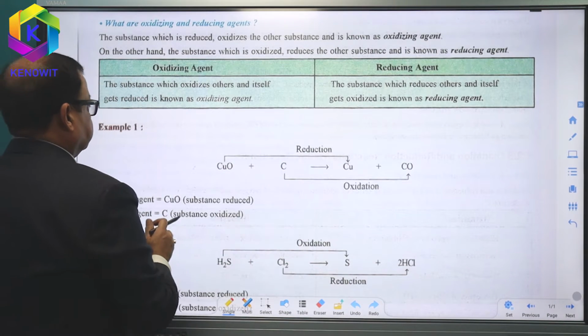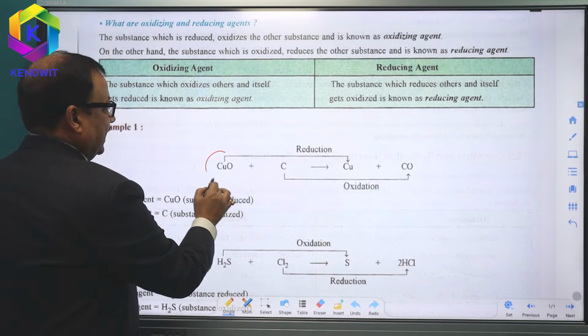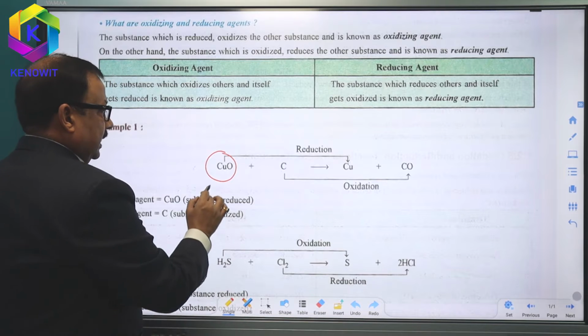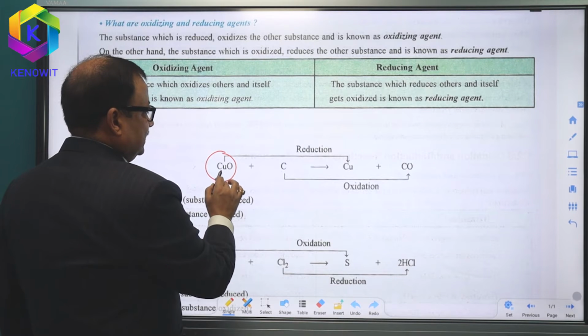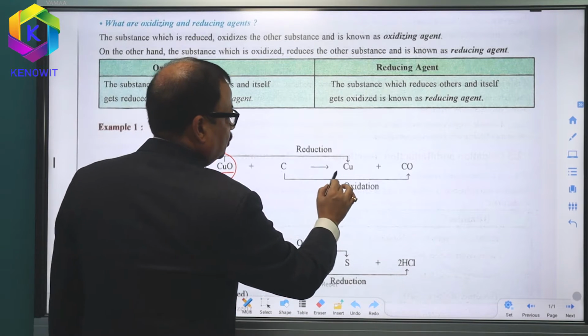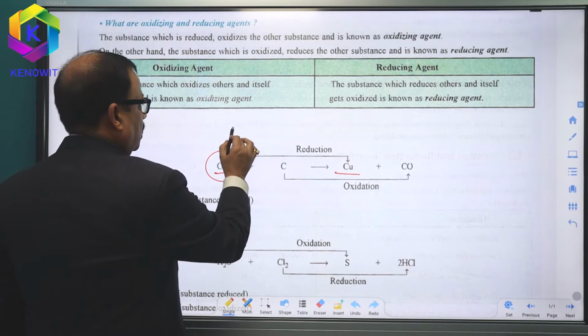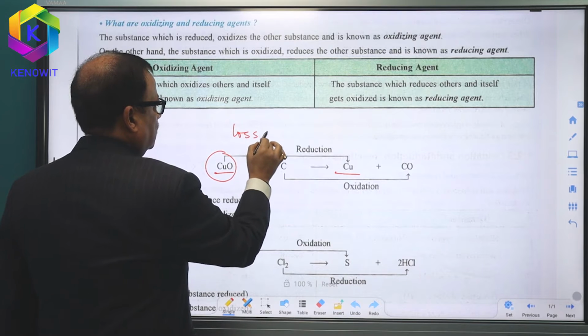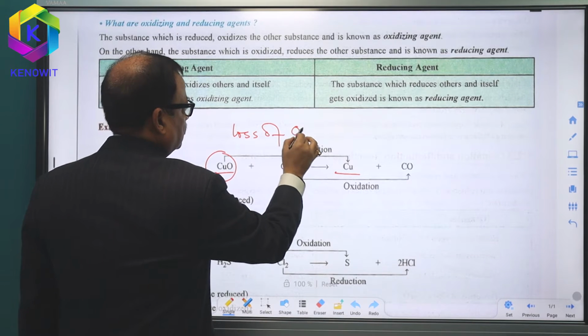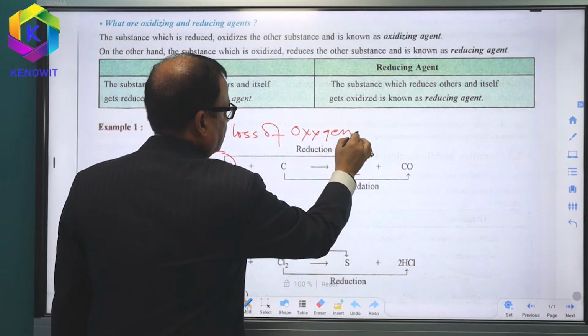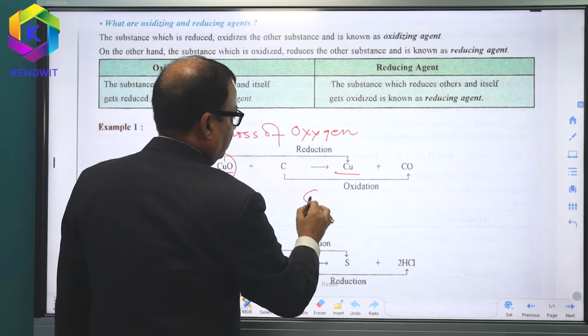For example, copper 2 oxide combines with carbon and loses oxygen. So in this case, copper oxide is converted into copper, meaning loss of oxygen. And in this case, gain of oxygen.